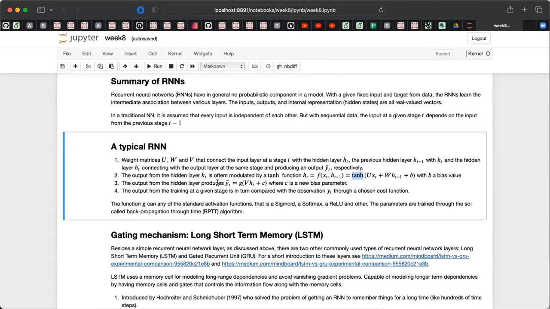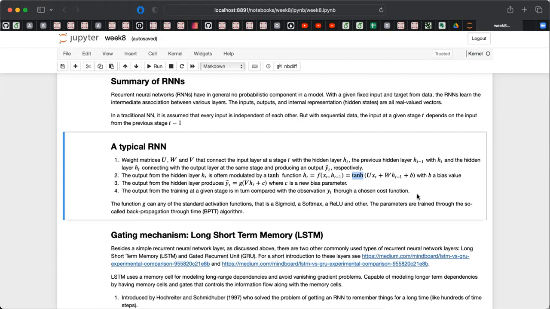And then we have an output, which is given by a function G, which has a weight matrix which multiplies the output from the hidden layer, plus a parameter c, which is typically a new bias parameter. And the output from the training at a given stage is in turn compared with the observation through a chosen cost function.